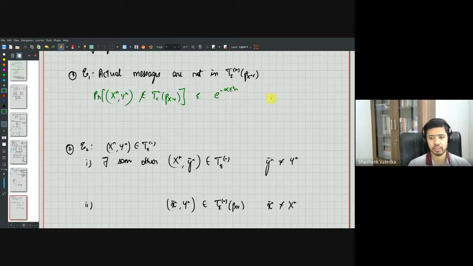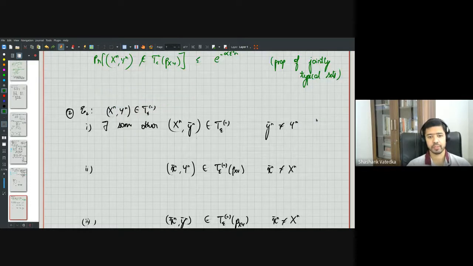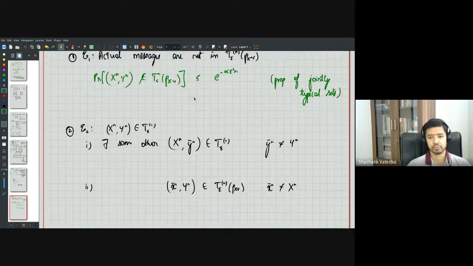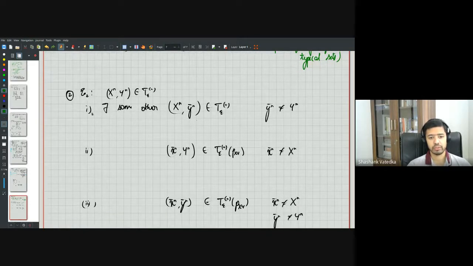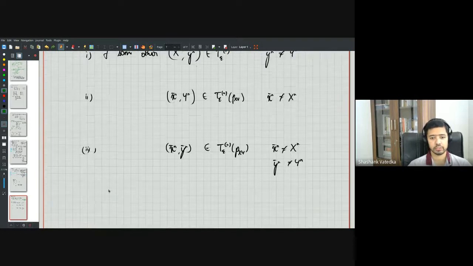This is basically a property of jointly typical sets, which we've seen in our previous classes. Okay, so this is what we've already seen. Now let's analyze the other events. So this probability is vanishingly small. Now let's show that each of these three events are also vanishingly small.